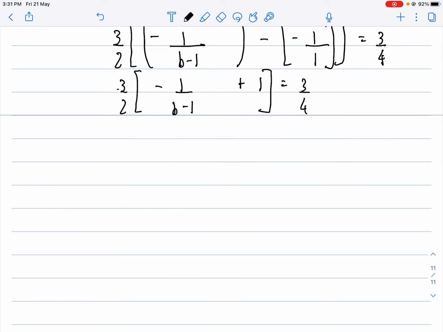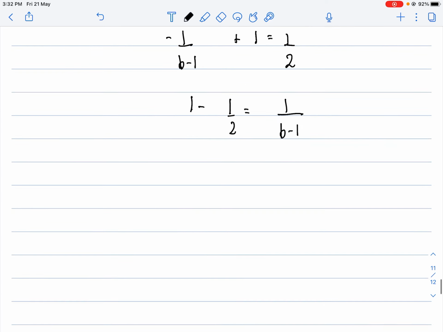Now what I can do is, I can cut 3 on both sides, and I can simply write this as −1/(b − 1) plus 1 is equal to 1/2. So now this can be written as 1 − 1/2 equals 1/(b − 1).